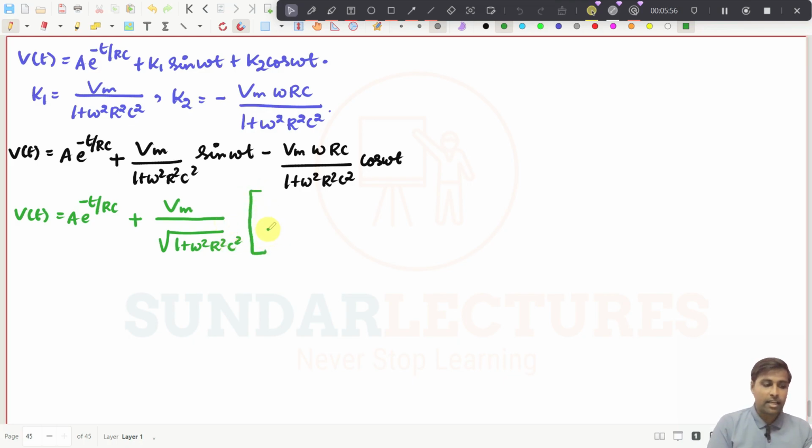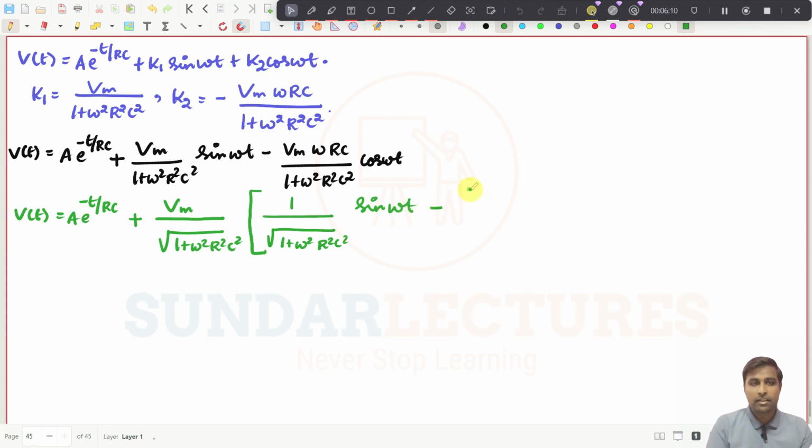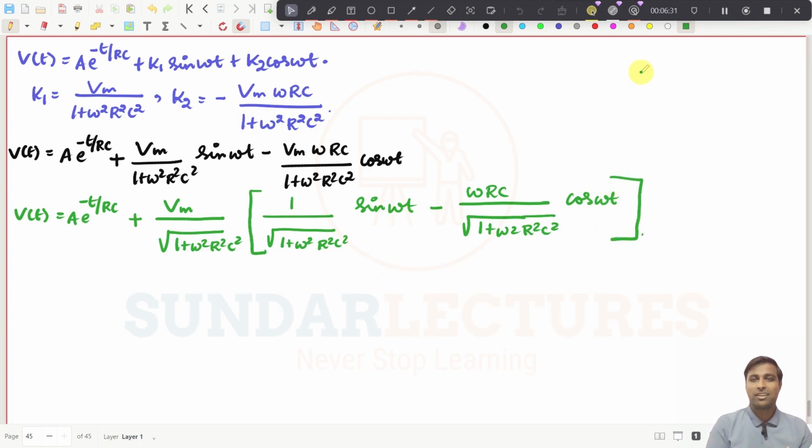So what I will get here is 1 divided by square root of 1 plus omega square R square C square times sine of omega t, and minus, if I take Vm outside, omega RC divided by square root of 1 plus omega square R square C square, and here I have cos of omega t, right? This is the expression, and now we have come to the point. What is the value of this one?